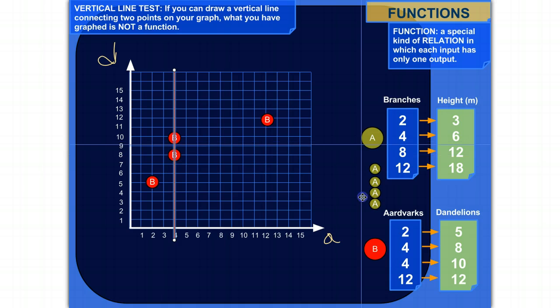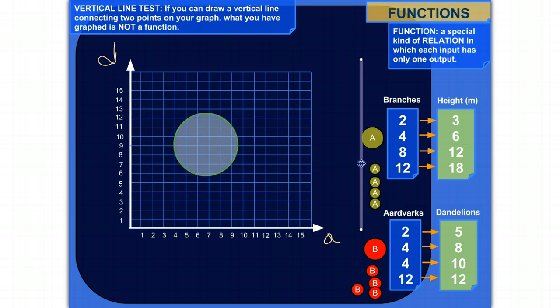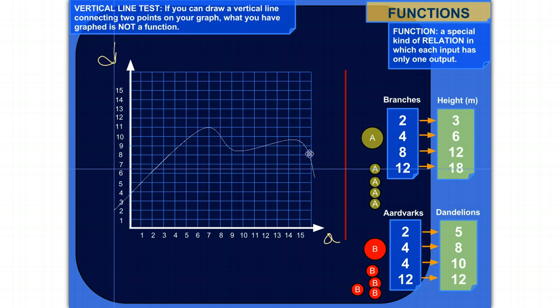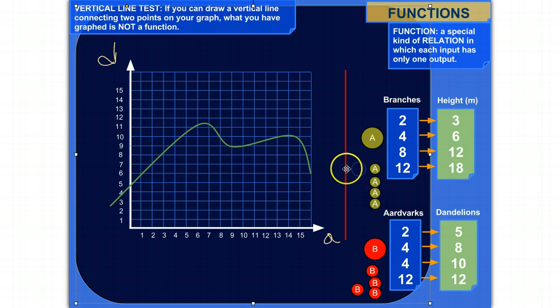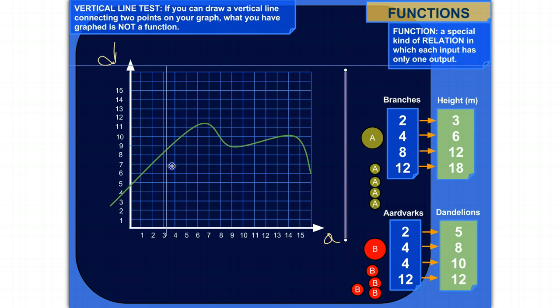So what this test allows me to do is not even know any of the points being considered. I could just have the graph and I'll know immediately whether it's a function or not. I could give you a graph of a circle and you could tell me in half a second, not a function, because you're connecting 2 points on the graph. I could give you this crazy curve and you would say, I can't connect any 2 dots with a vertical line.